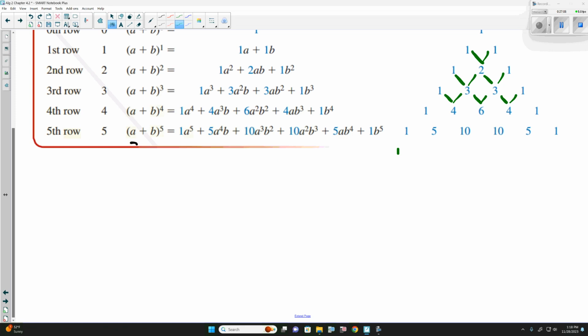And it's interesting, if we did the next one, we'd have 1, 6, 15, 20, 15, 6, 1. And we could keep going from here. 1, 7, 21, 35, 35, 21, 7, 1, and it keeps going on.